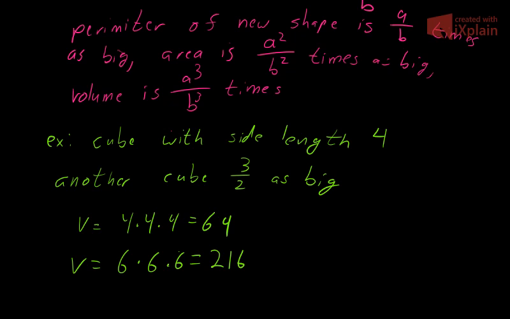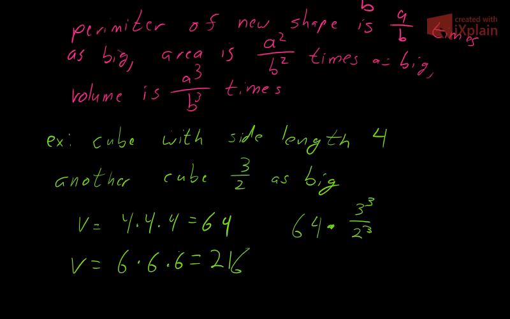But this right here is telling me there's a different way I could go about that. It should be a cubed over b cubed times as big. So I should be able to take 64 and multiply it by 3/2 cubed, or 3 cubed over 2 cubed, which is how that's written.